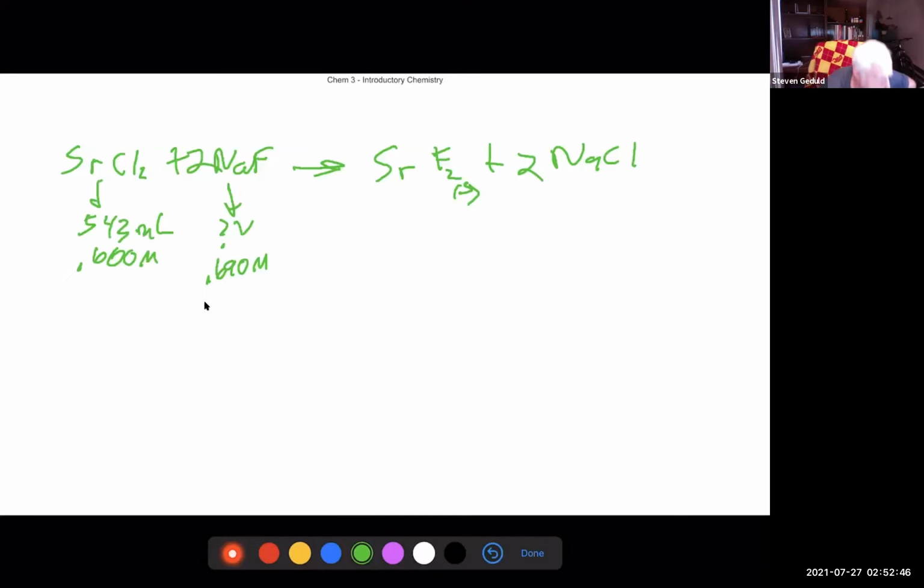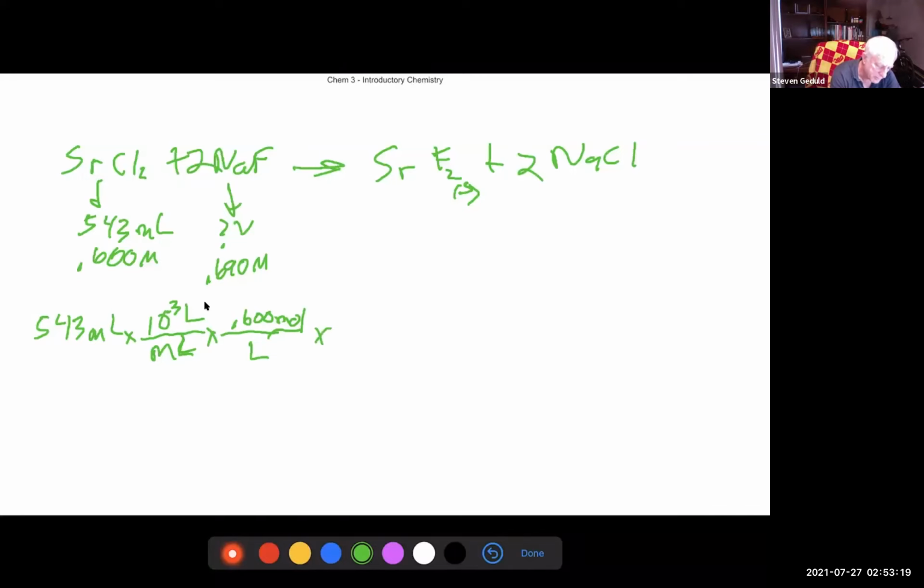All right, so you've got 543 milliliters of strontium chloride, right? Now you want moles per liter, so first of all, convert that into liters. Milli means 10 to the minus 3. And now you have the molarity, 0.600 moles per liter. That's how many moles of strontium chloride you have.